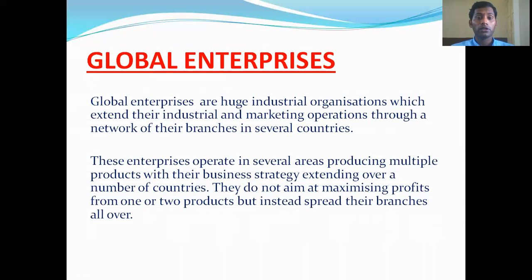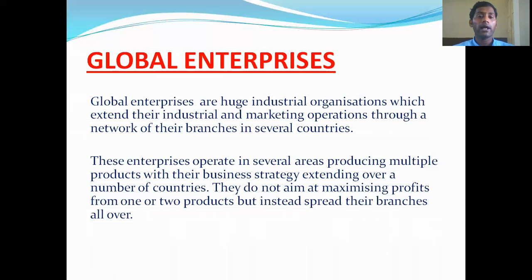It is called a global enterprise: a huge industrial organization which extends its industrial and marketing operations through a network of branches in several countries. They have their headquarters, the main office, in one country, then branch offices in each and every country throughout the globe.